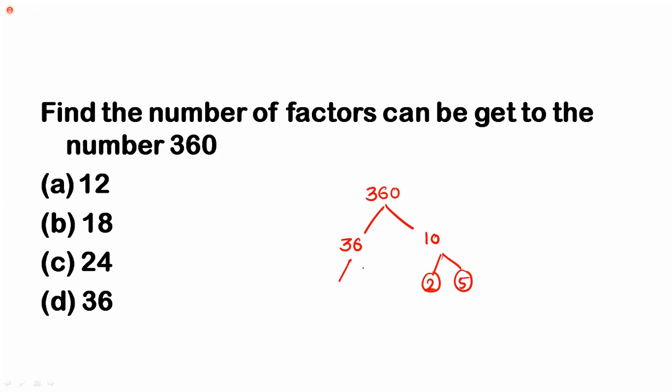Thirty-six we can write as 6 into 6. 6 we can write as 2 into 3. So this is what your overall splitting is.